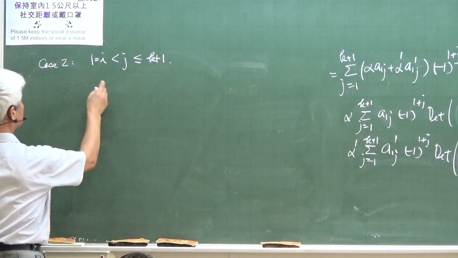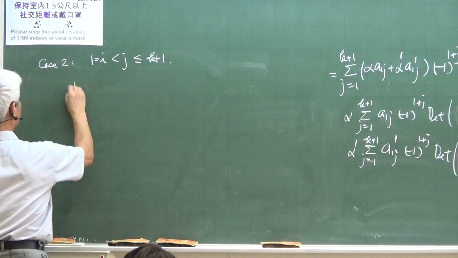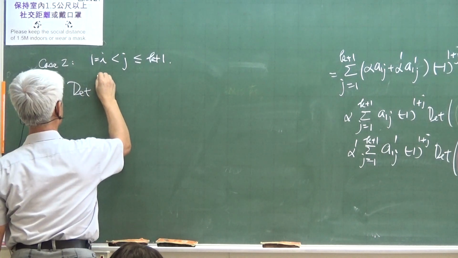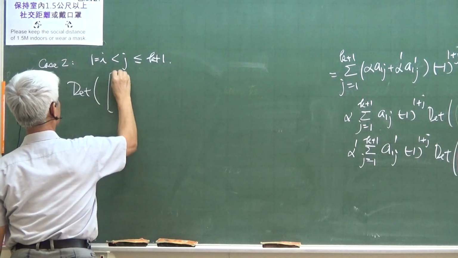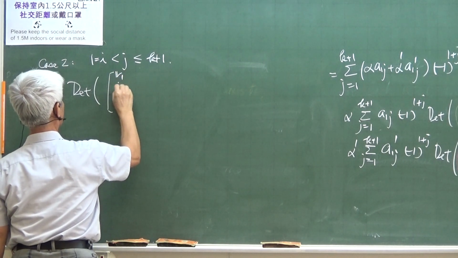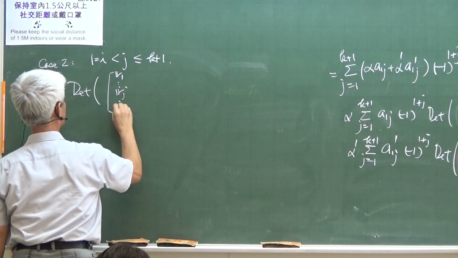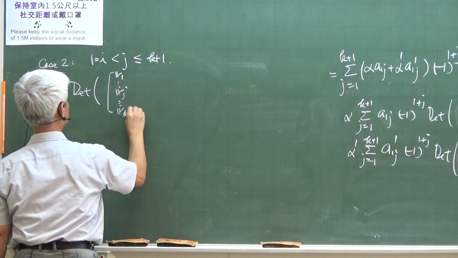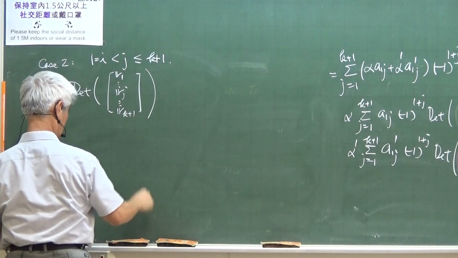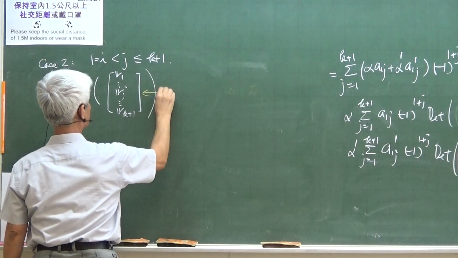Alright, so the determinant of 1, j, k plus 1. So here this is the jth row.